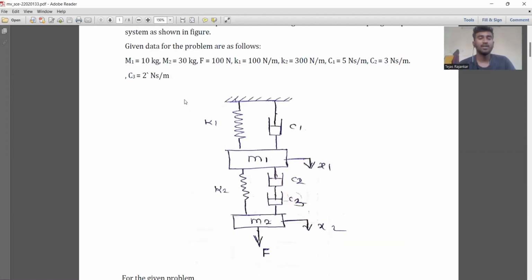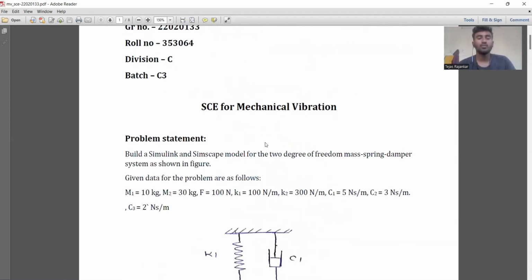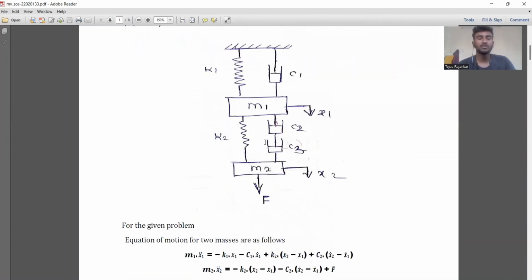And this is the schematic of my problem statement.